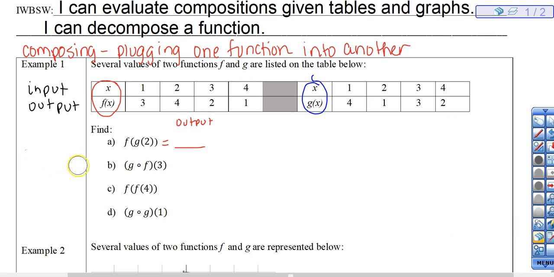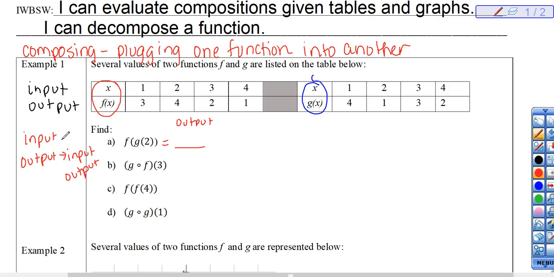So I'm going to give you a little bit of instruction here. These are regular functions. They're not function inverses, so we don't have to worry about switching our outputs and our inputs. We're going to follow this process: input, output, which is going to turn into an input, which is then going to give us another output.